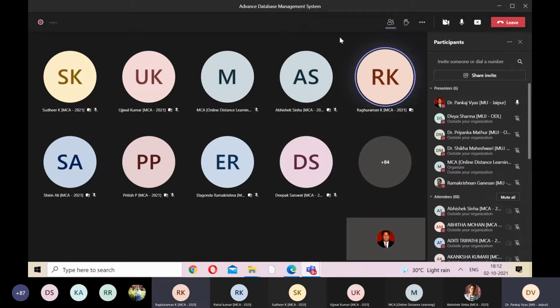Unit numbers 2 and 3 talk about SQL statements and relational algebra operators. Then unit number 3 talks about relational databases, primary keys, foreign keys, candidate keys, and super keys. You must be clear about all these concepts.